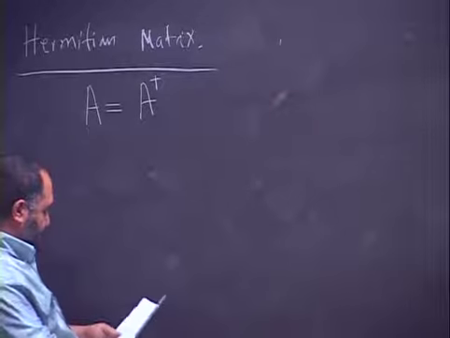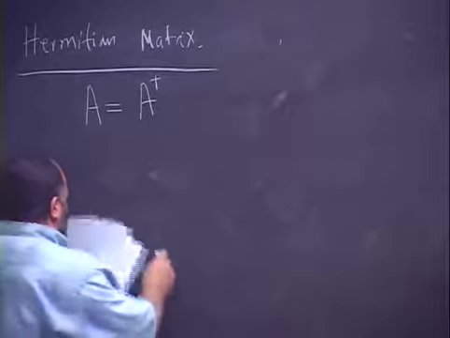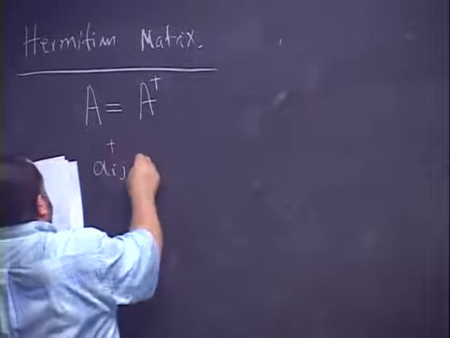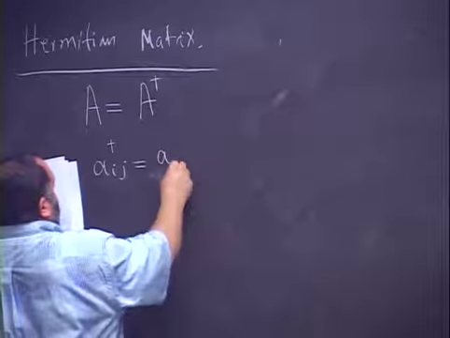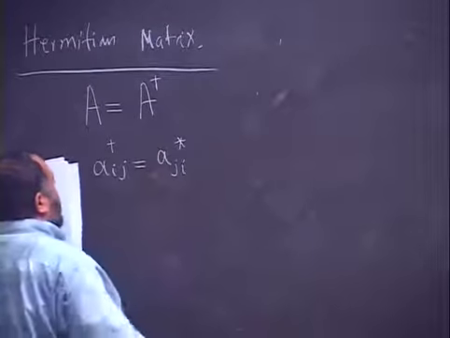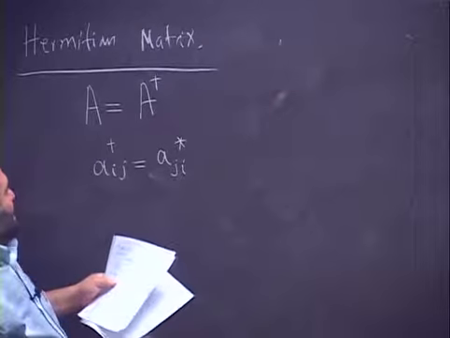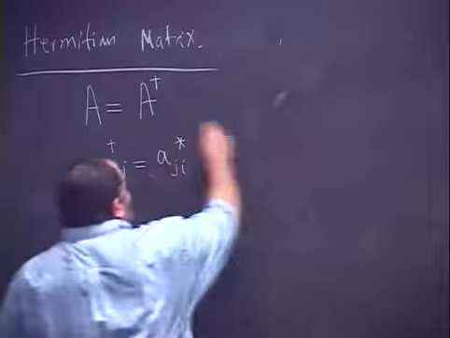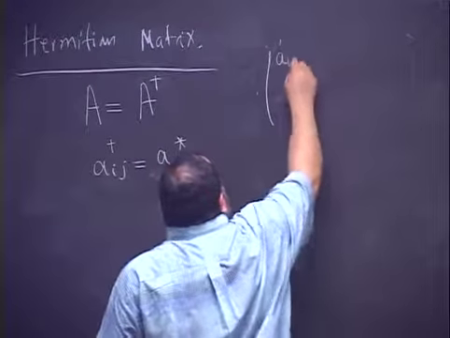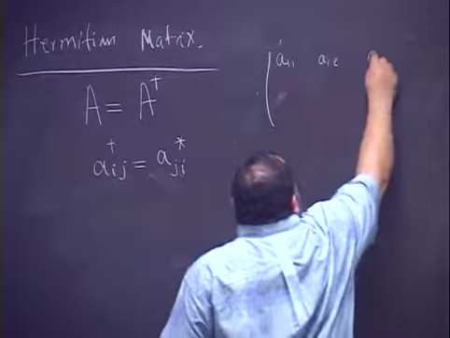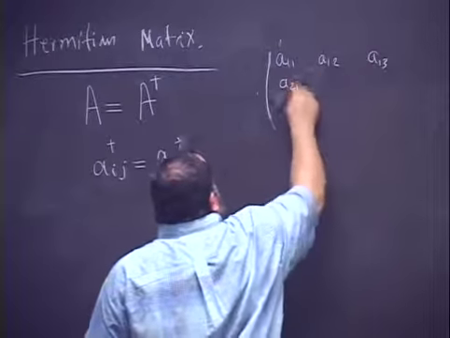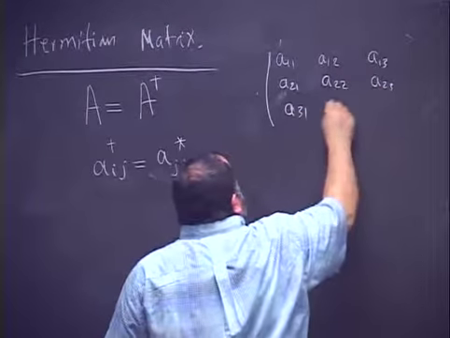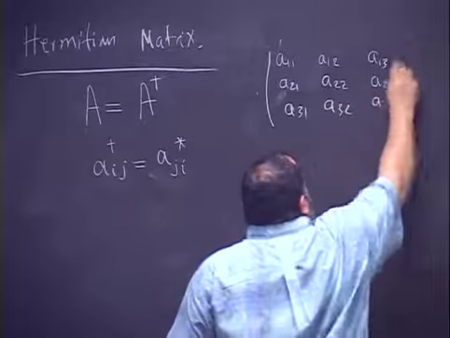And in this case you will have Aij dagger equal to Aji star. Because the matrix A, let's assume that it is 3 by 3: A11, A12, A13, A21, A22, A23, A31, A32, A33.